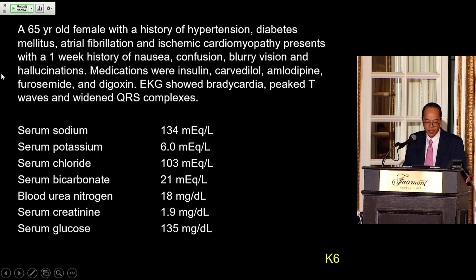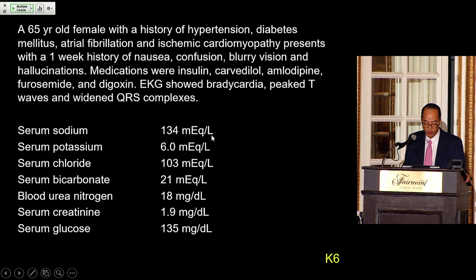Okay, next. 65-year-old female with a history of hypertension, diabetes, AFib, ischemic cardiomyopathy. She presents with 1 week of nausea, confusion, blurry vision, and hallucinations. Her meds are insulin, carvedilol, amlodipine, furosemide, and digoxin. And her EKG shows bradycardia, peaked T waves, and widened QRS.